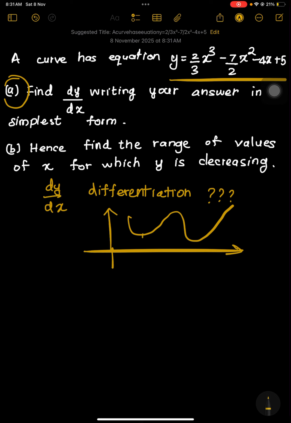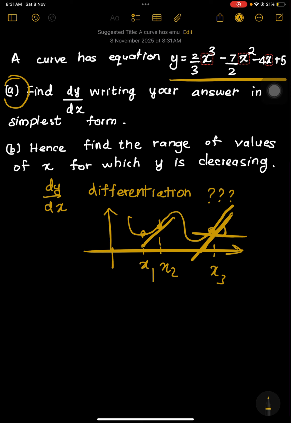Take any point, x1, x2, x3. At any point on this graph, you can draw a tangent line. The slope of the tangent line is called the gradient, right? You should have studied the gradient.